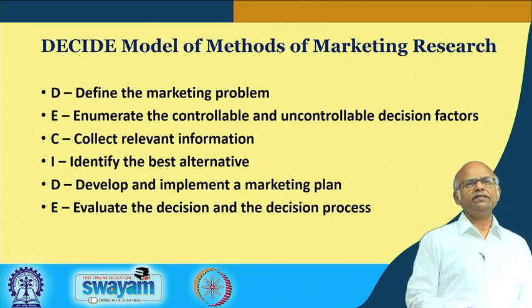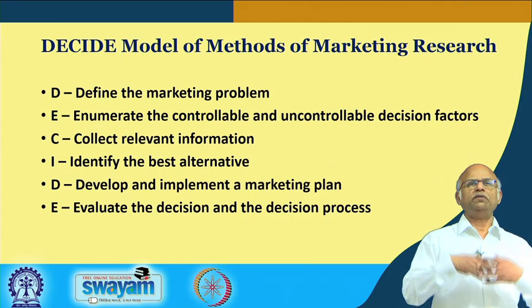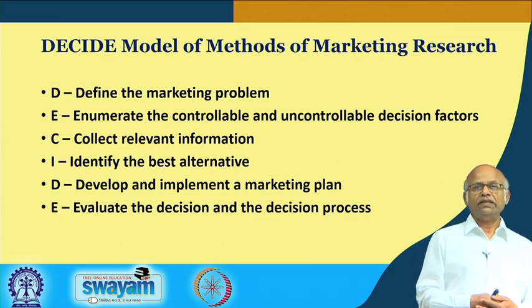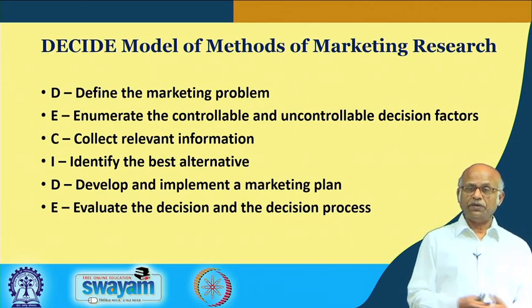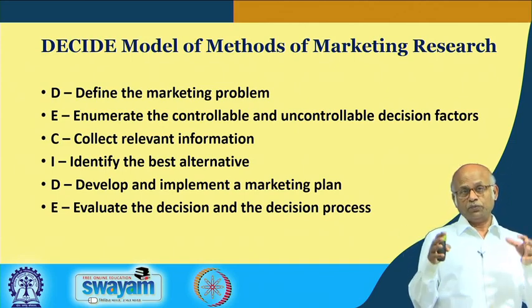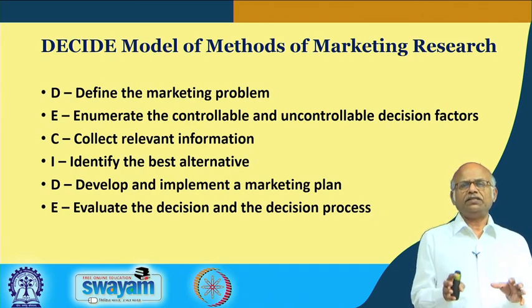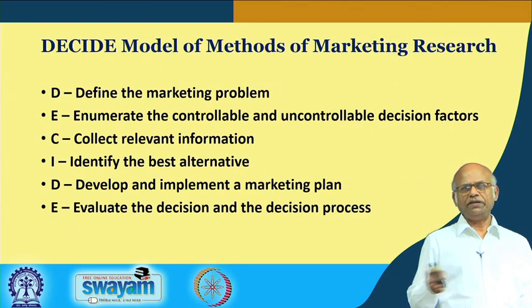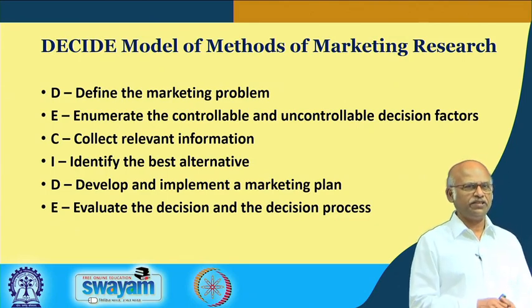For the time being, the DECIDE model is: define your marketing problem, then define which variables are controllable and which are not. Once you define the variables, you start gathering data, then process the data to identify the best alternative approach, then develop and implement the marketing plan, and evaluate the decision and the decision process.